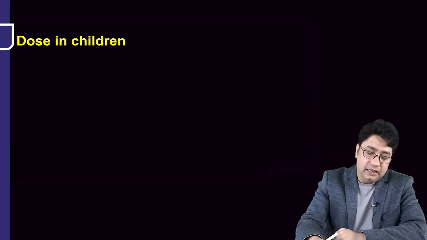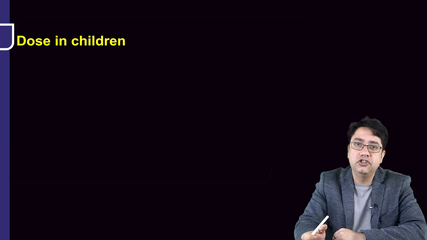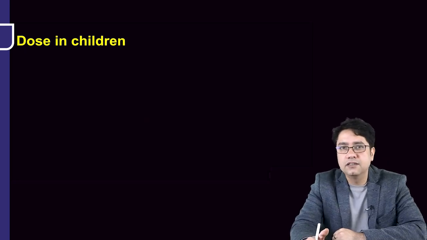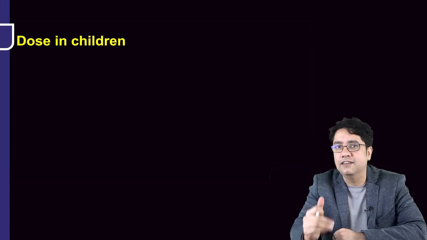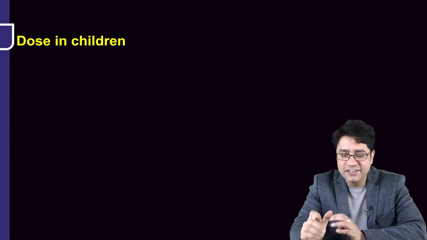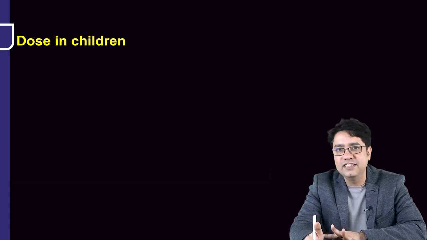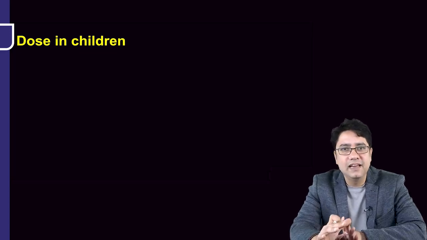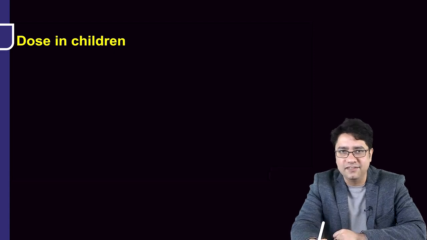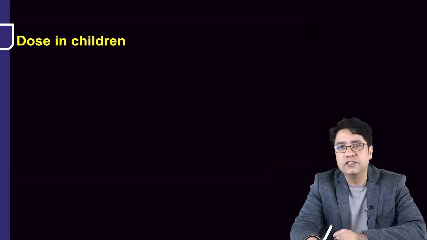Okay. Now, the last point is dosing in children. Now remember, children are not young adults. They are not smaller adults. Children have different physiology, different metabolism. Everything is different in children. So how do we calculate dose in children?